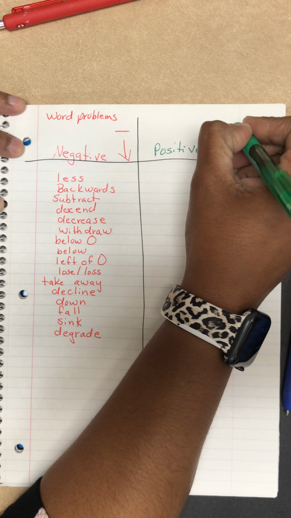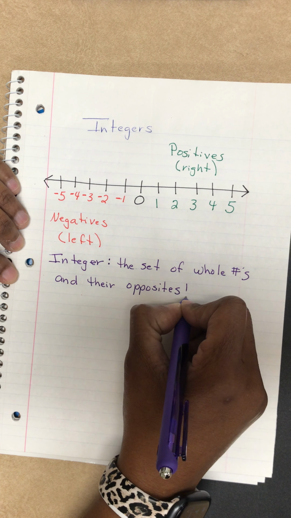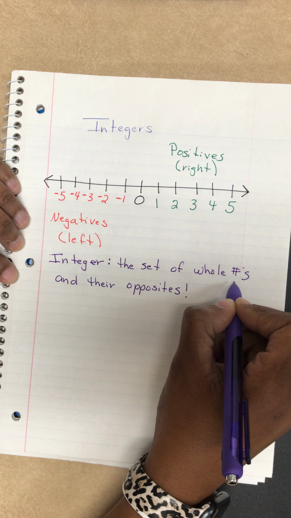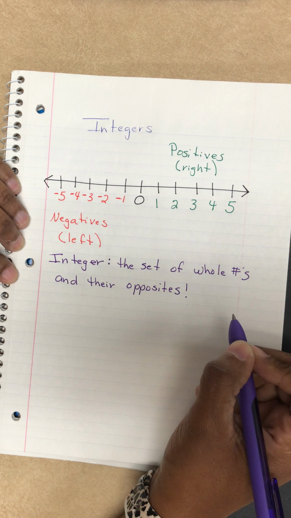An integer is a set of whole, keyword is whole numbers. Haven't gotten to the 7th grade lesson yet. Whole numbers and their opposites. So it's a set of whole numbers and their opposites.